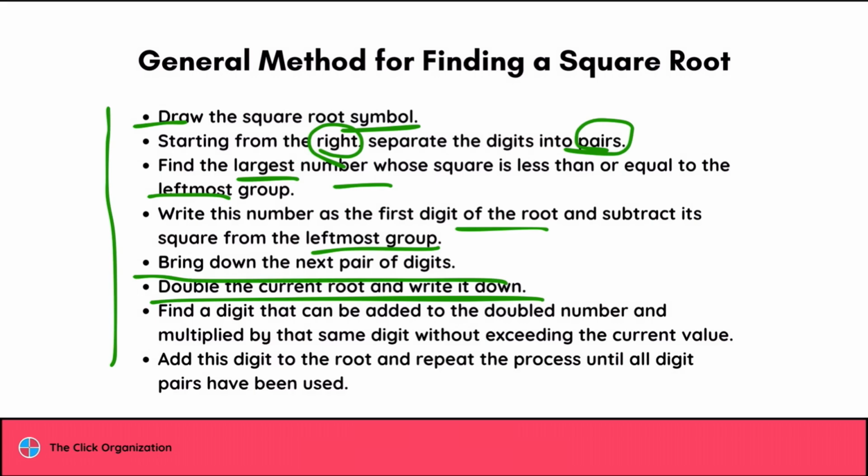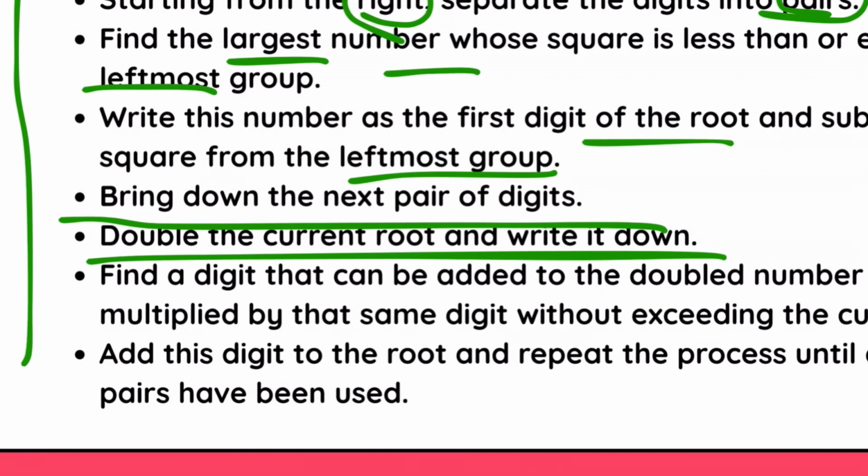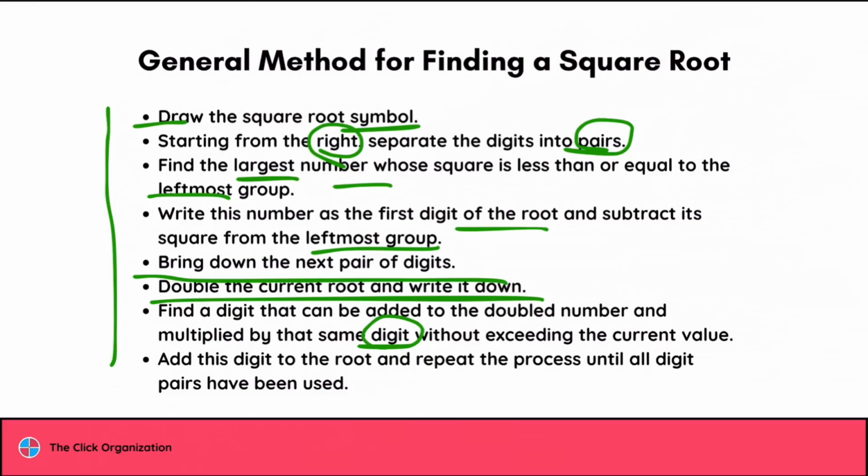What does this mean? I need to find a number that can be added to the doubled number as the first place and multiplied by that same digit, by the same root, without exceeding the current value.